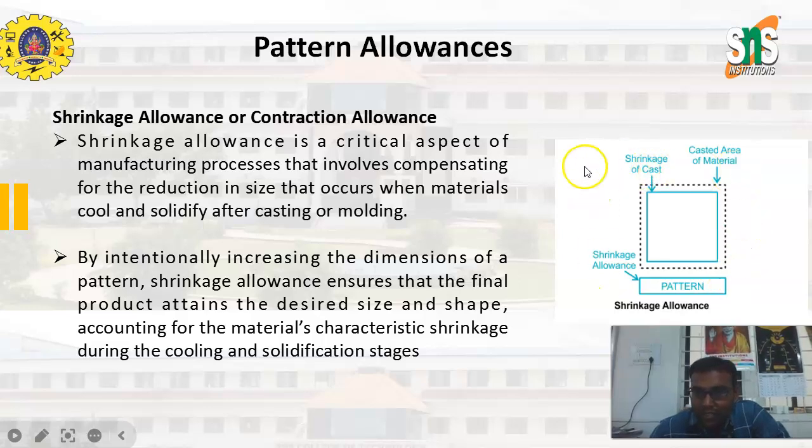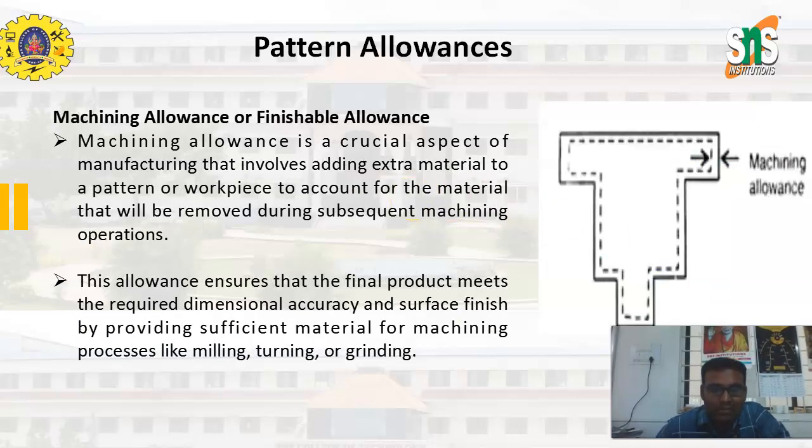We need to produce the pattern larger to some extent, for example plus 10 mm dimensions, in order to fit the particular type of pattern in the correct dimensions. During cooling and solidification process, the material dimensions get reduced. This is known as shrinkage allowance or contraction allowance.